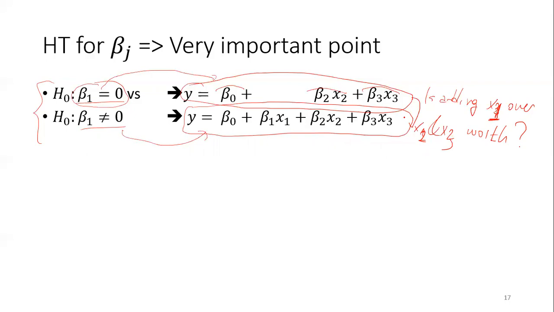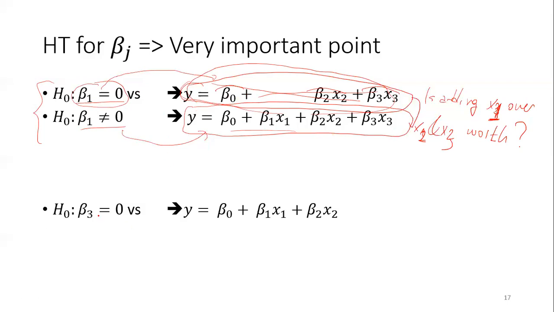This hypothesis just asks whether adding x1 over x2 and x3 is worth it. If it is worth it, you reject the hypothesis, which means that you reject this model and say that you can use the full model. If you cannot reject this hypothesis, it means please use this model, the first one.